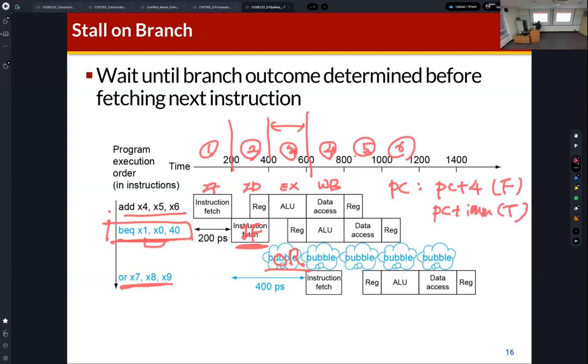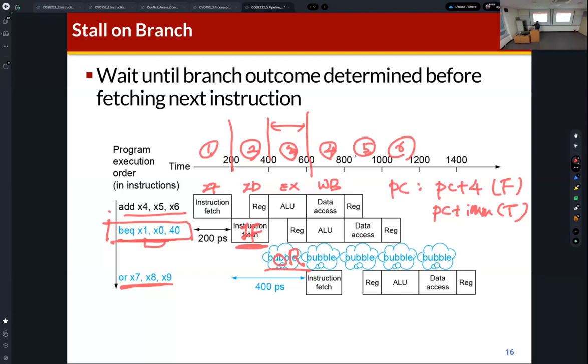So there are two possible cases. In the single cycle processor design, the result of a branch instruction is computed by the ALU, right?